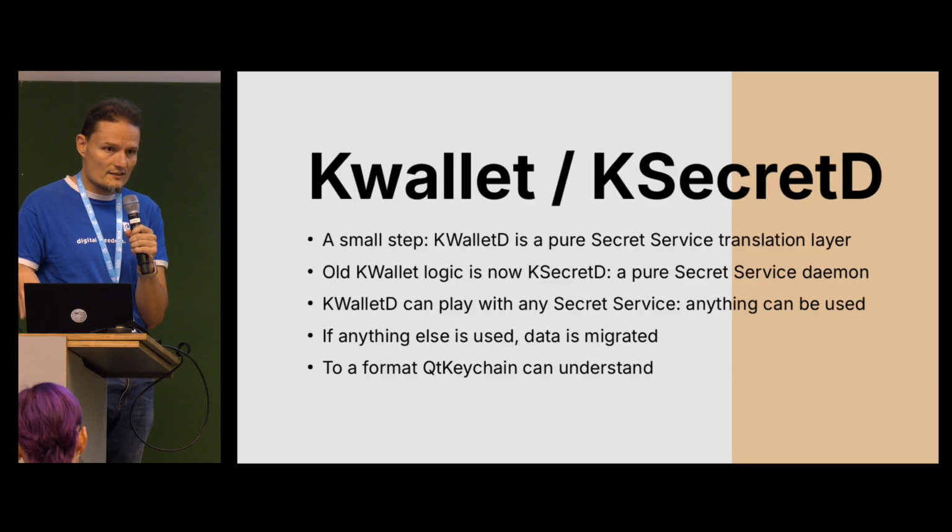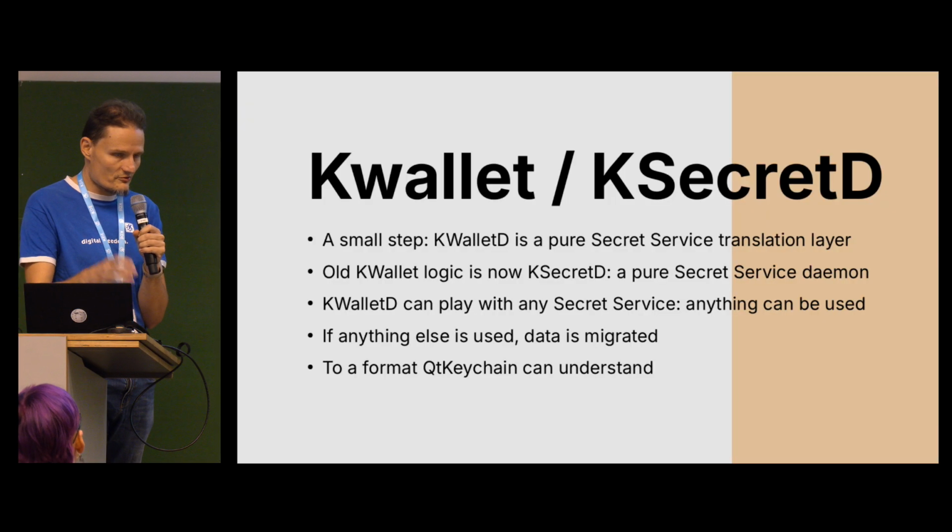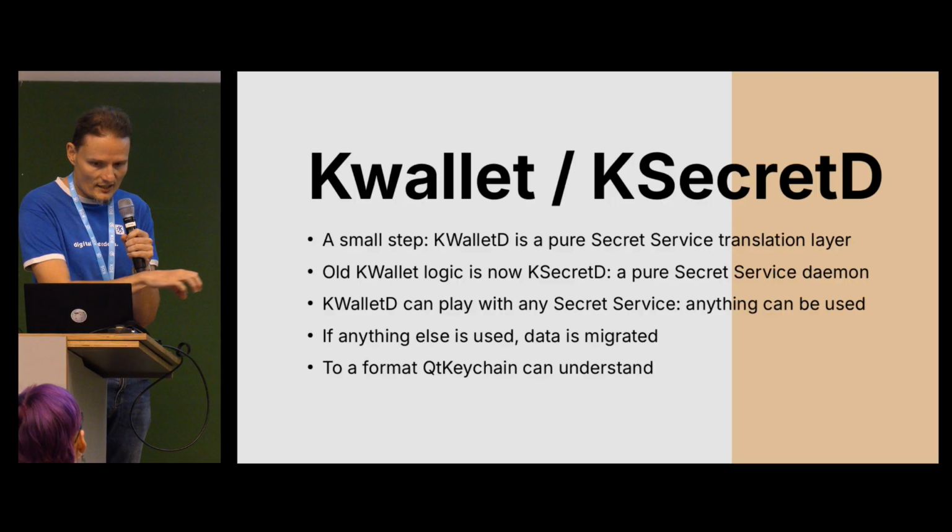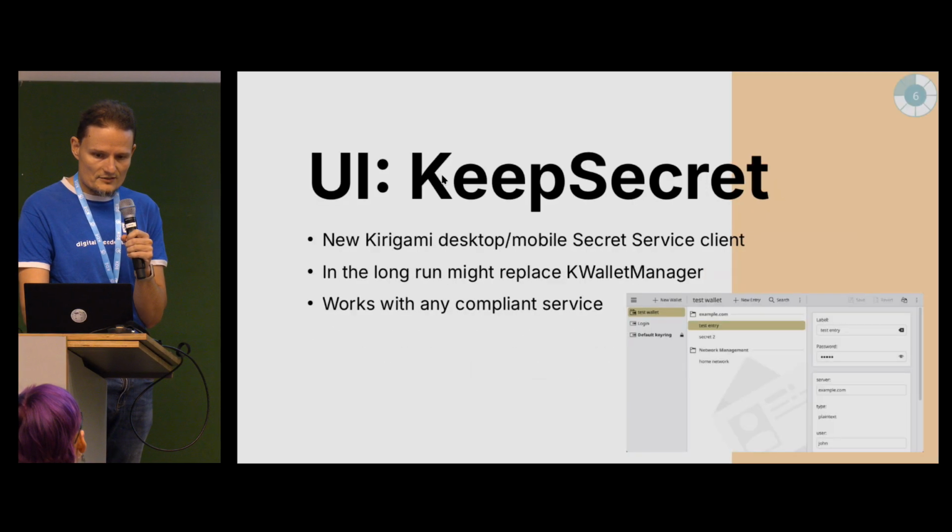Basically, 90+% of the code of ksecretd is the old K-Wallet, while the daemon that is now called K-Wallet has been written from scratch, and it's just a translation layer.